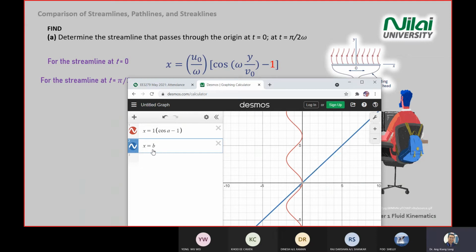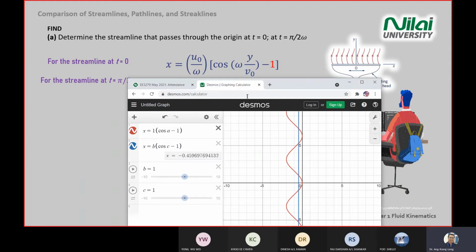I will just write it as b cos c minus 1. Okay, now it will ask you, there is a function that comes out below the screen here, add slider b and c. I will just press all, meaning I can control the value of my b and c on the graph.